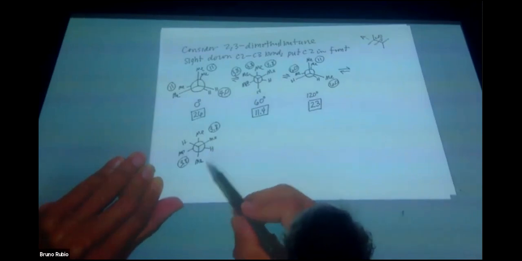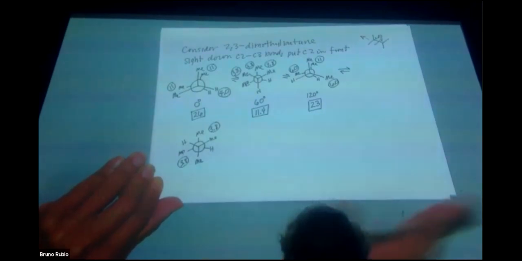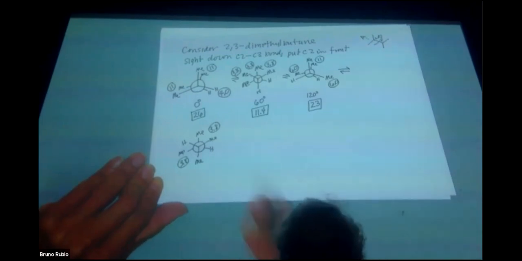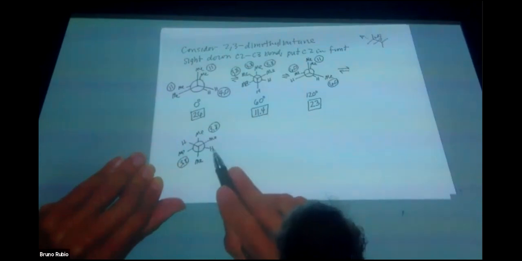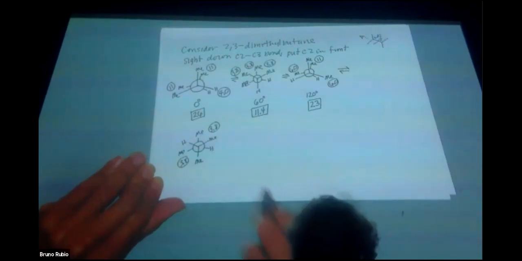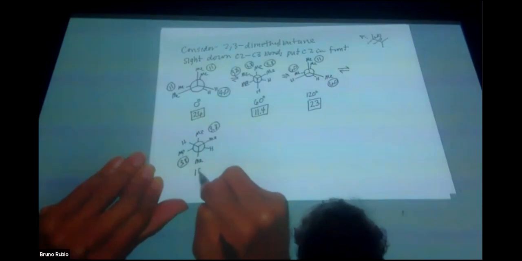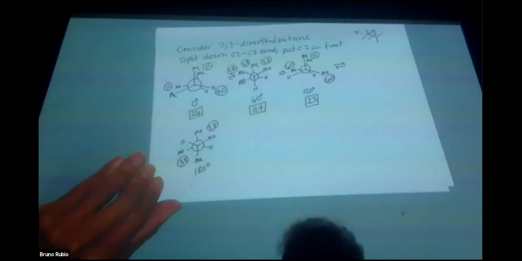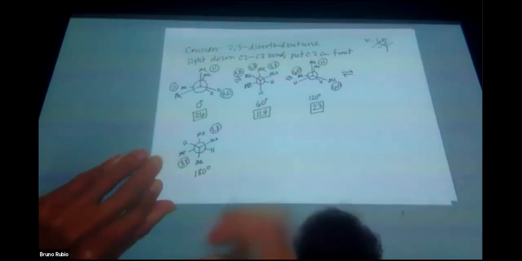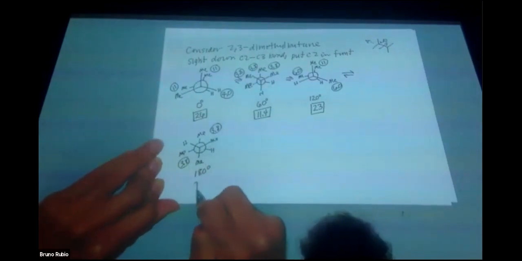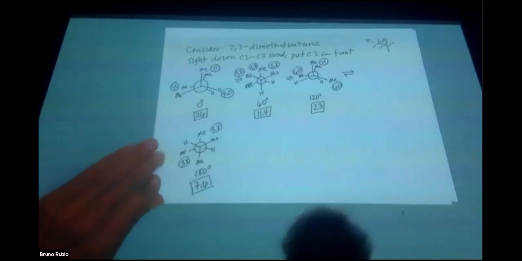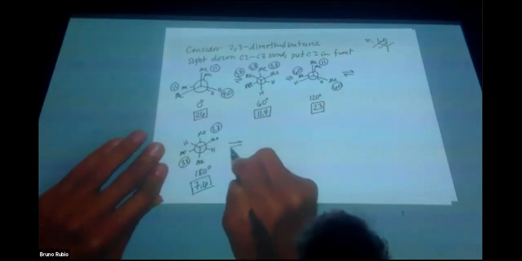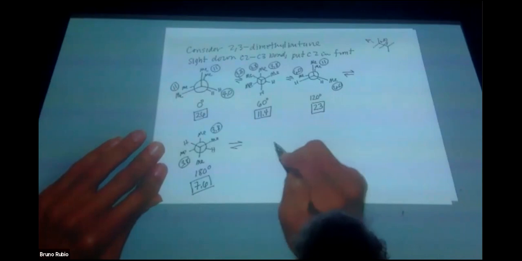I see methyl-hydrogen gauche, but the hydrogen is so small that it doesn't provoke a strain interaction here, only when the hydrogen is eclipsed. So this guy, which I'm calling the 180-degree conformation, has 3.8 plus 3.8 is 7.6 kilojoules of strain energy.